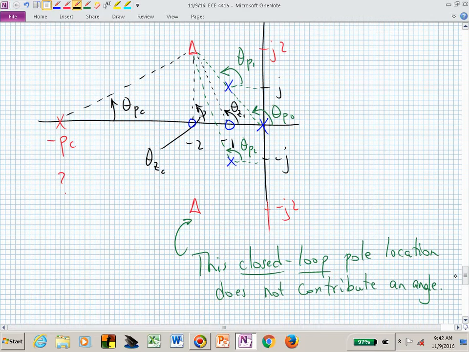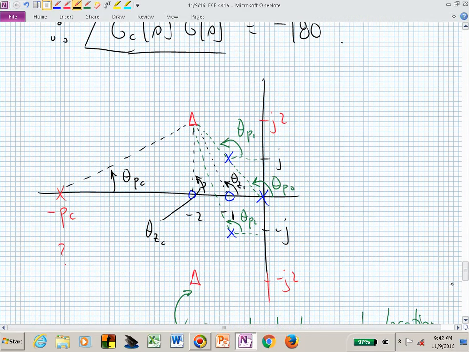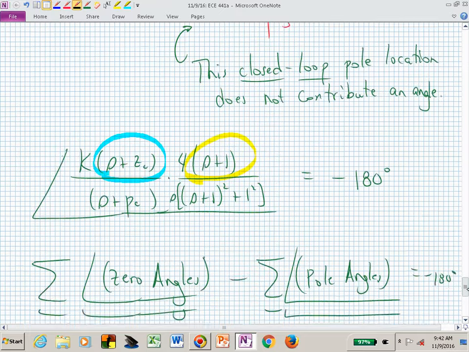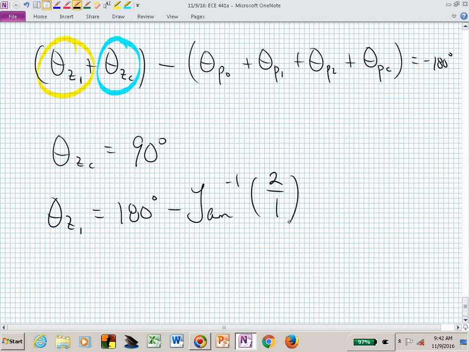What's my vertical change in going from minus 1 to minus 2 plus j2? I'm now looking up from this zero at minus 1 through this acute angle. What's the vertical distance I'm changing? It's 2. And what's the horizontal side? 1. So this is now 180 degrees minus the inverse tangent of 2 over 1. And that's the angle contributed by that zero in our system at s equals minus 1.